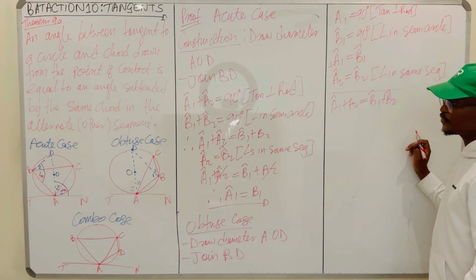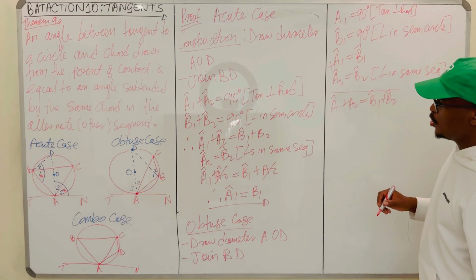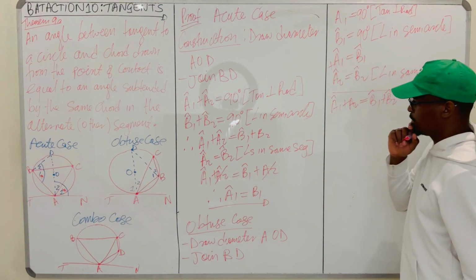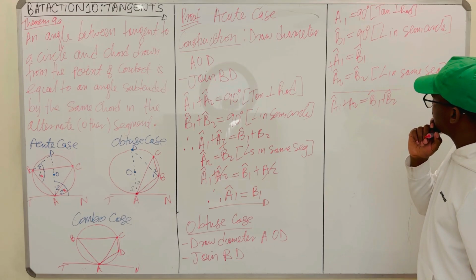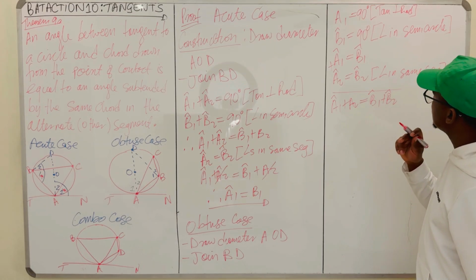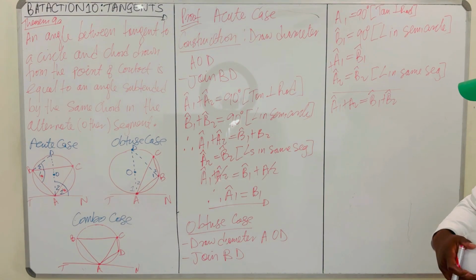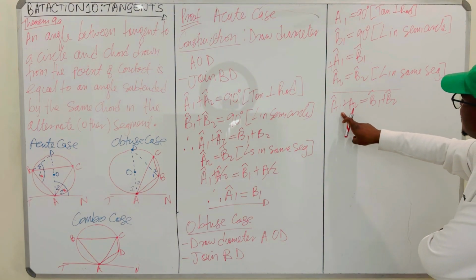Are you sure? Okay. But then, look, A1, this and this are equal. That's what we said, right? Wait. Actually, we said this is equal to this.